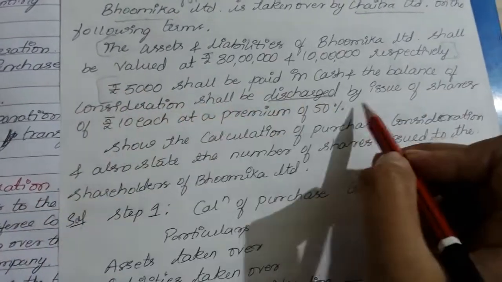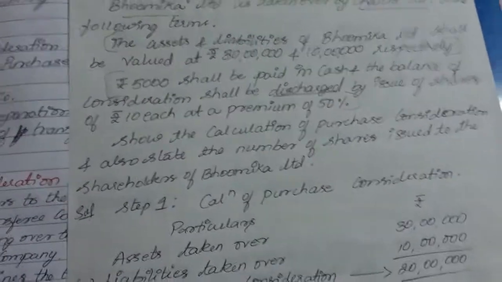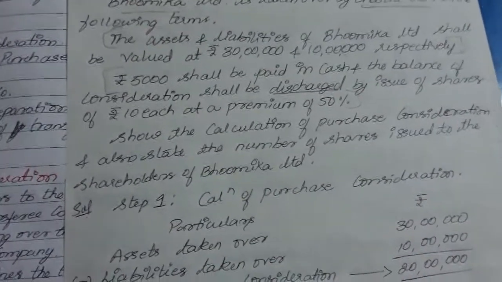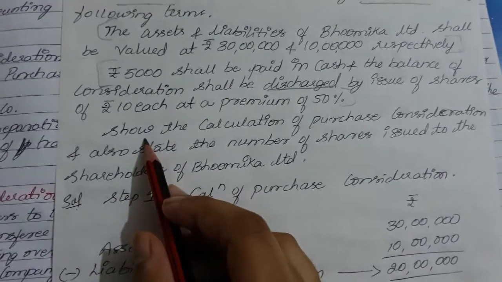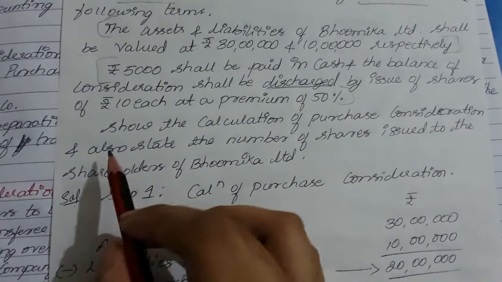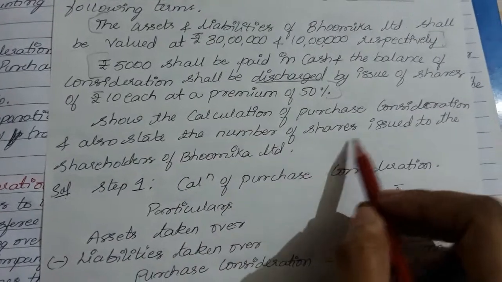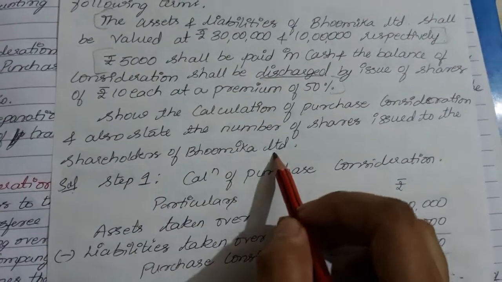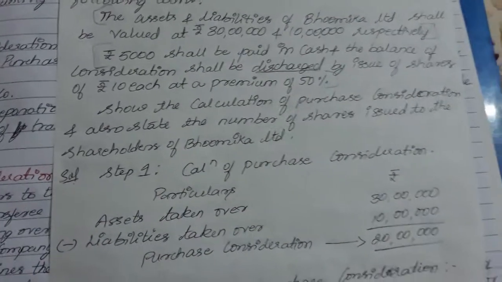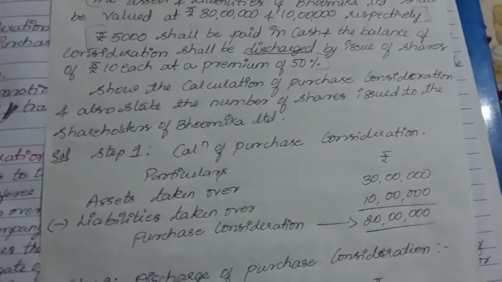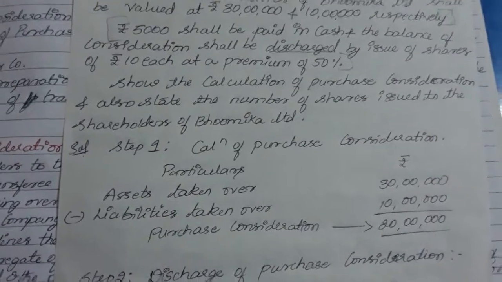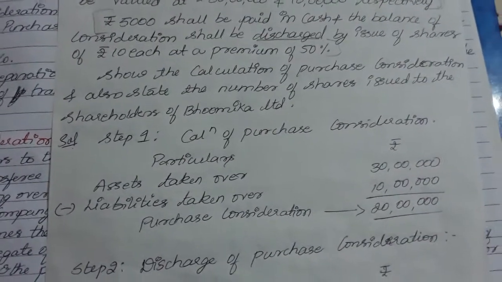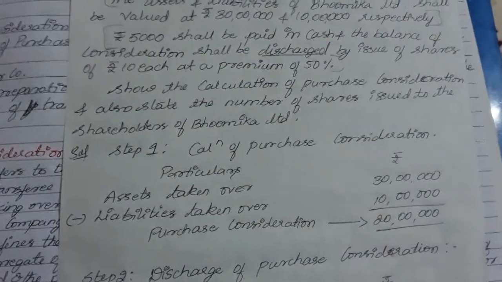So you can understand that this is for the purpose of discharging the PC, that is purchase consideration. So show the calculation of purchase consideration. Also state the number of shares issued to the shareholders of Bhumika Limited. So what are the three things we need to do? First is calculation of purchase consideration. Second is how to discharge the purchase consideration, and then to see the number of shares.